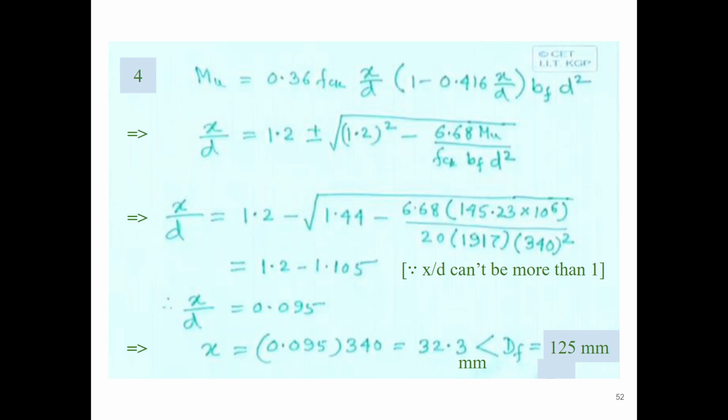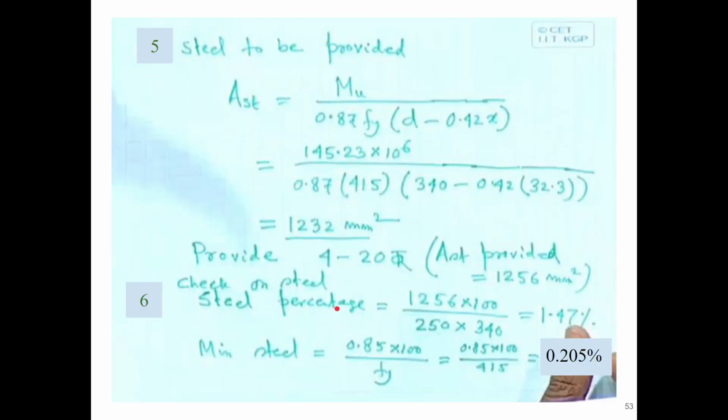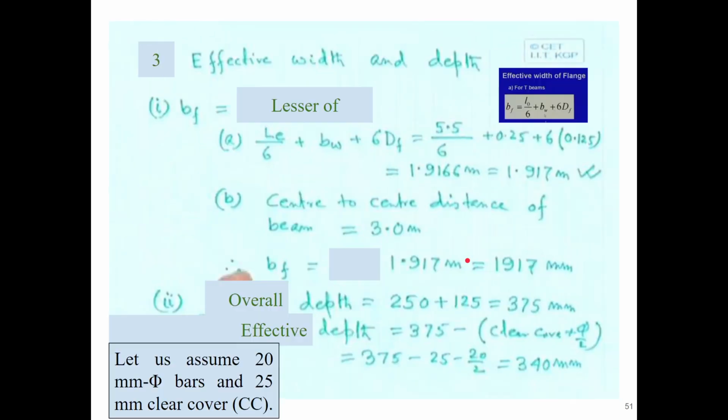Because it is less, that means we can simply design it like a singly reinforced section. So the steel that basically needs to be provided will be equal to Mu by 0.87 fy into (d minus 0.42x). Okay, so Mu value is how much?